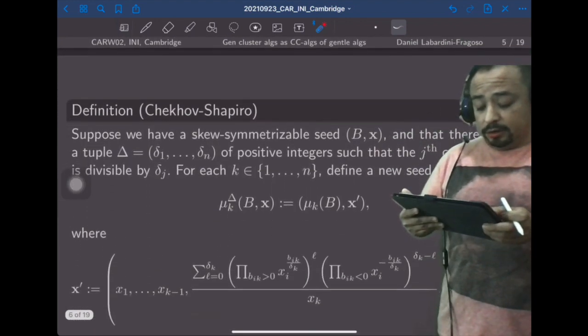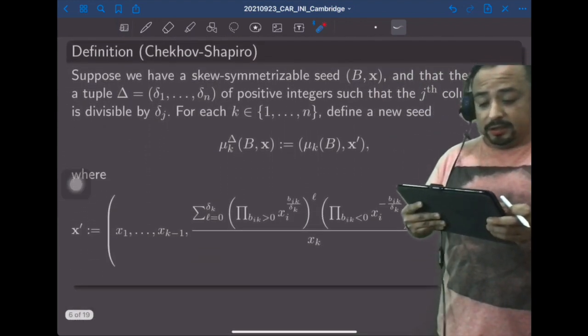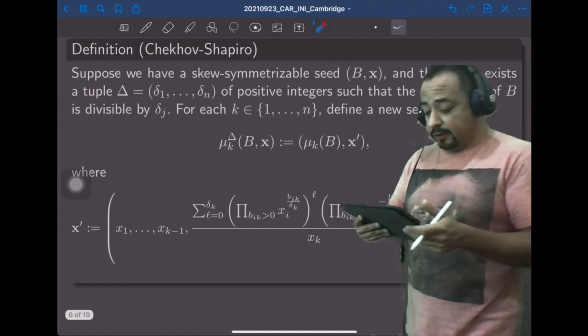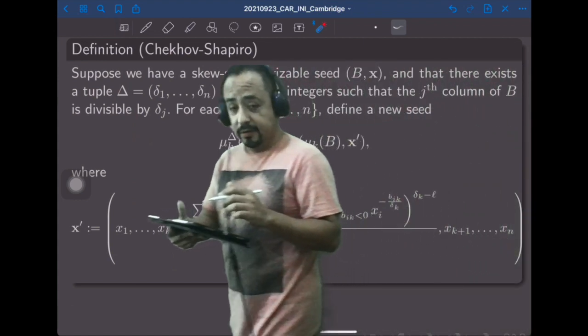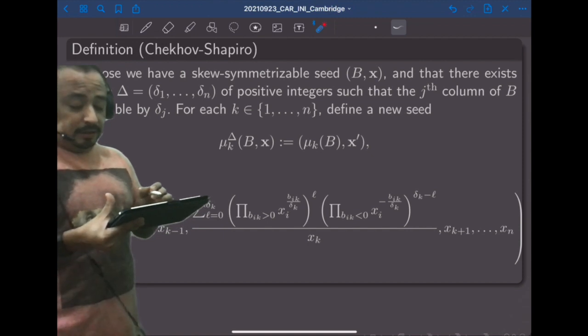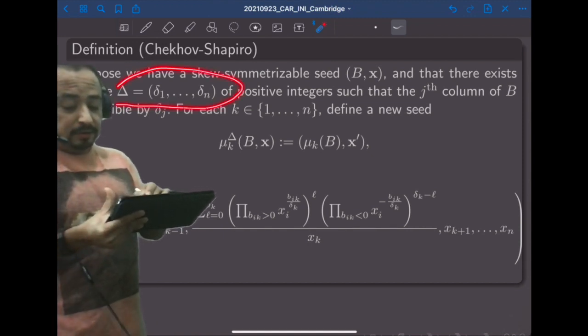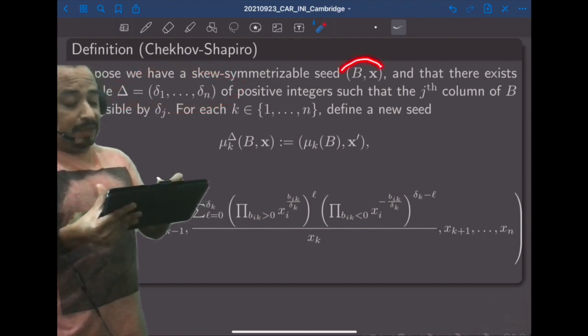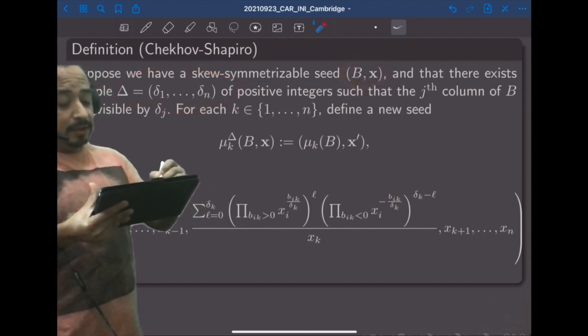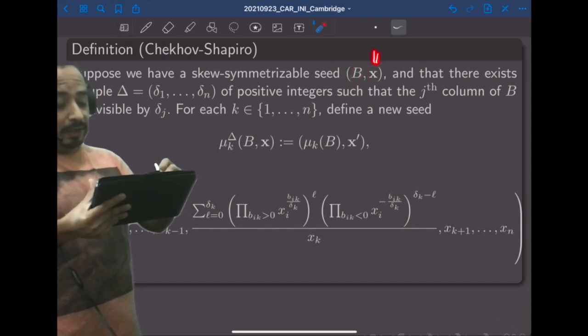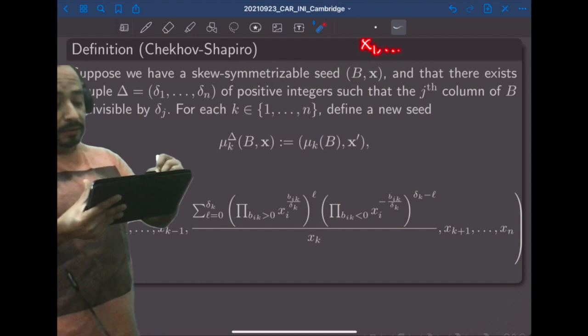in order to define a delta variant of mutation, right? So with this tuple, if you give me a seed, let's say this is an n by n matrix, and then this is just x1 to xn, right?